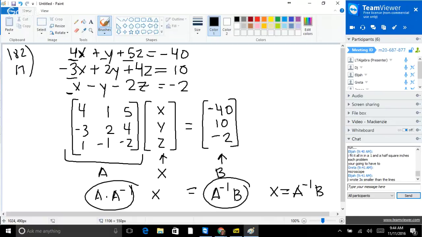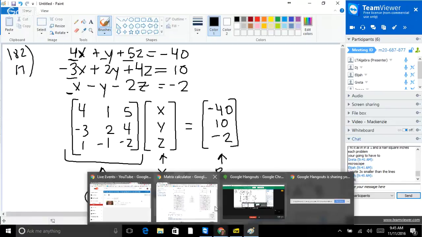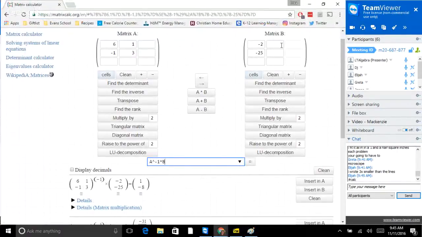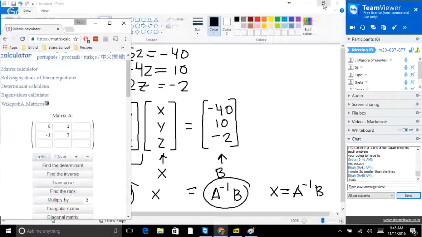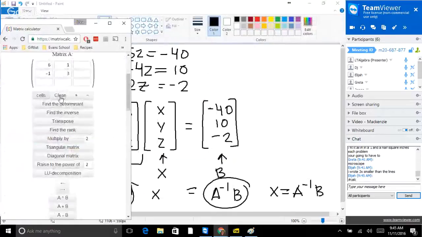I could figure out what the inverse of A is and multiply it by B, but that's going to take us way longer than the next 15 minutes that we have. So we're going to use a calculator to determine the inverse of A times B. Let me minimize a little here so I can clean things off.